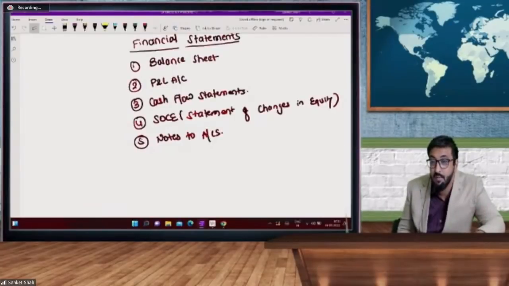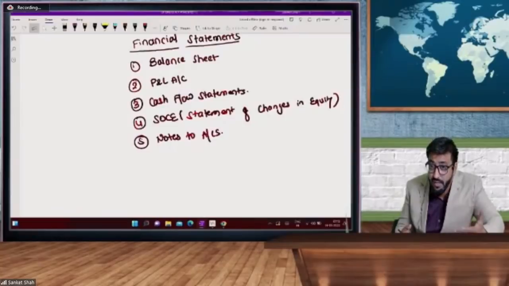Still, if your financial statements are strong and you have good figures for your business, then I'm telling you 100%, your financial statements are the medium of exchange between the investor and your company. So financial statements are very important.